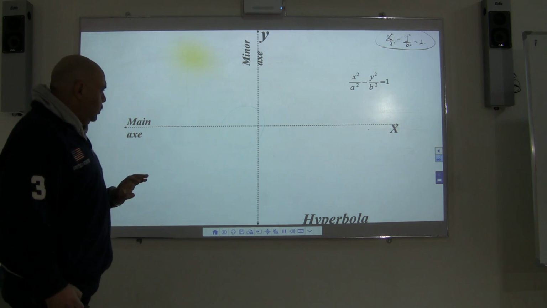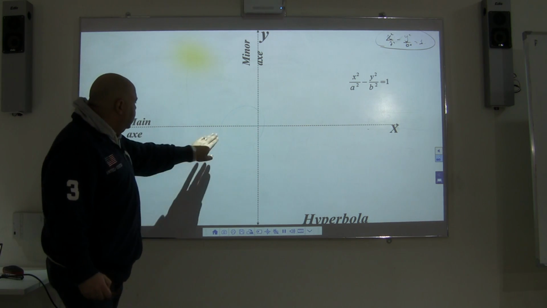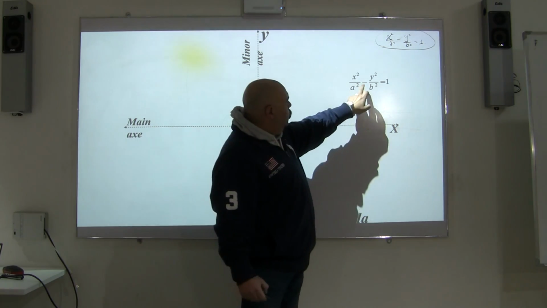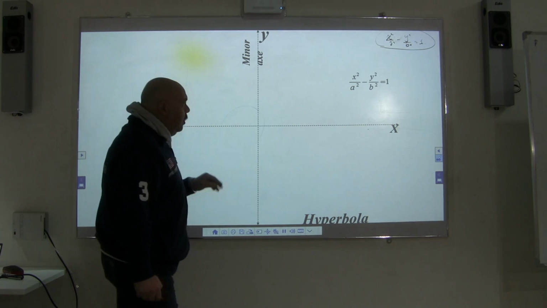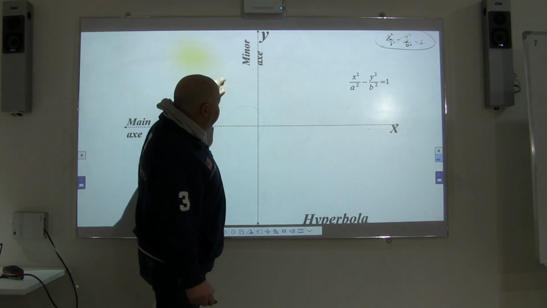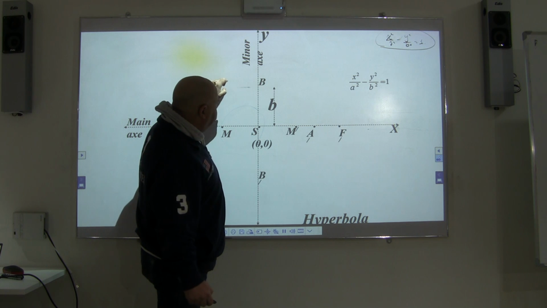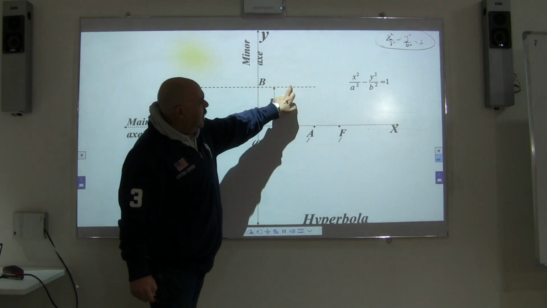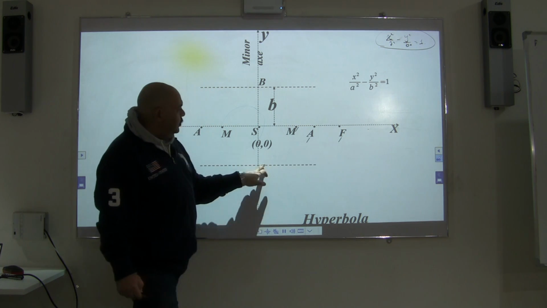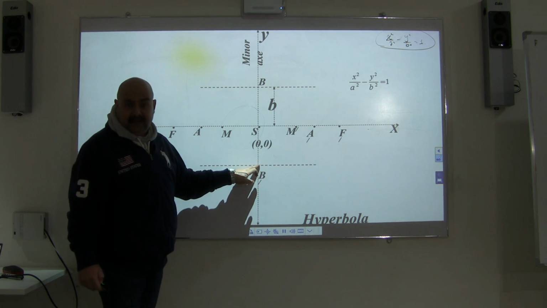So once more, I've drawn the main axis and the minor axis. Then I will start with B, going up and making a horizontal line, and going for negative B and doing the same. So this is the second line, so I'm getting a rectangle.